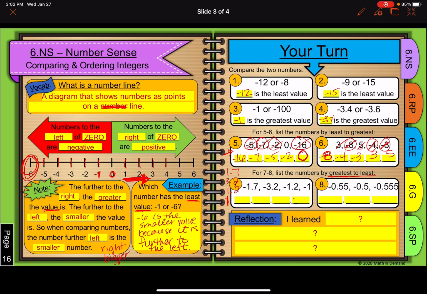So it's going to go last because it is my smallest number. My biggest number is the one that's closest to 0, because it's going to be further to the right since it's negative. So that's going to be -1. And then -1 2/10 is going to be closer to 1 than -1 7/10, because 2 is smaller than 7, so it's closer to 1.